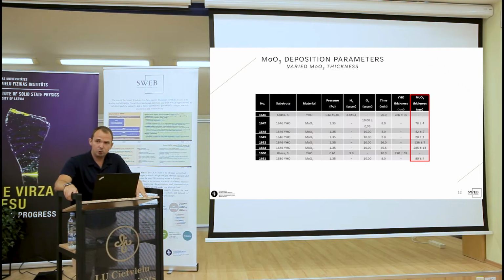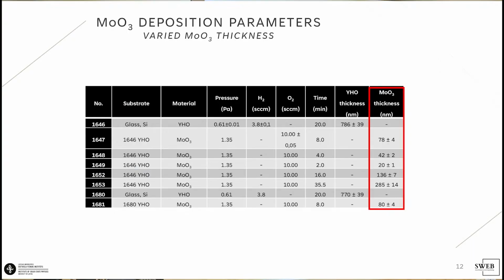We did 2 sets of samples. Here I will show what we changed there. In all samples we kept plus minus optimized yttrium oxyhydride always the same. You see here it was around 770 to 780 nanometer thick yttrium oxyhydride, and we changed the thickness of molybdenum trioxide on top of it.